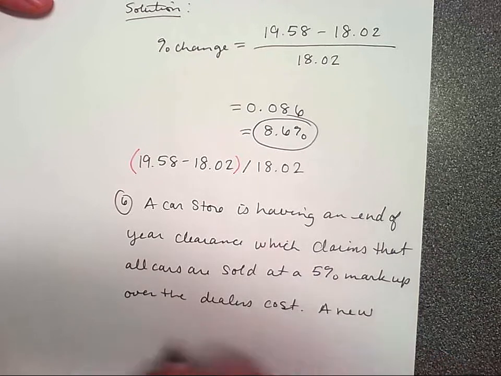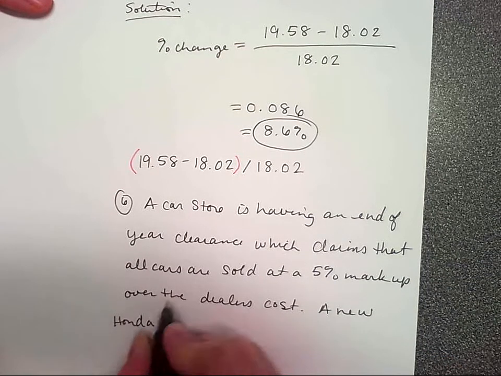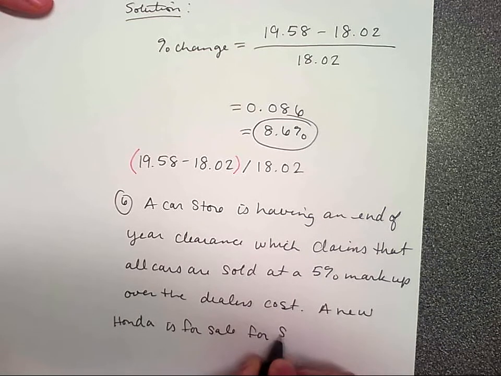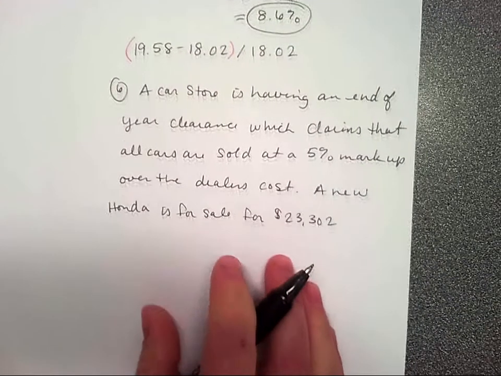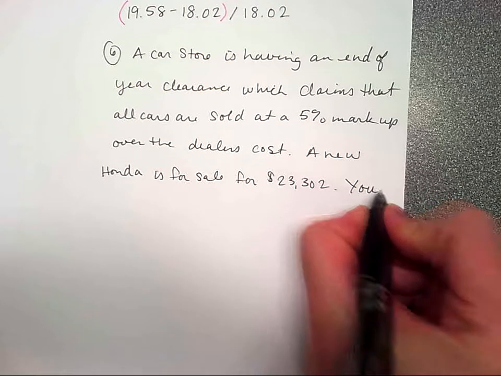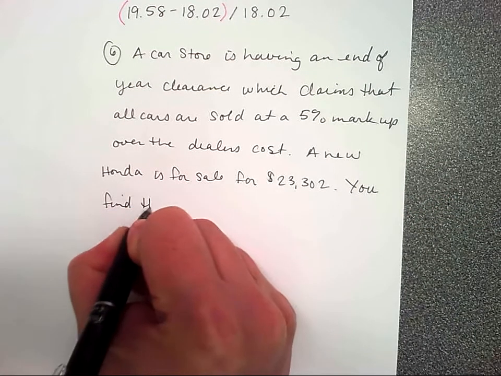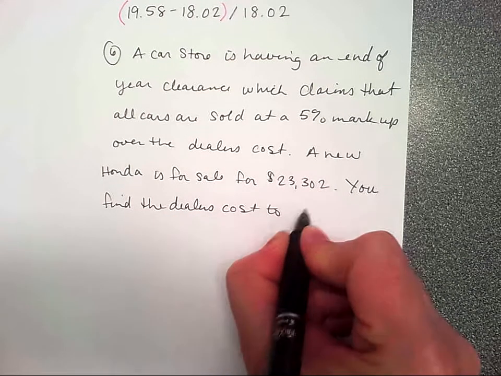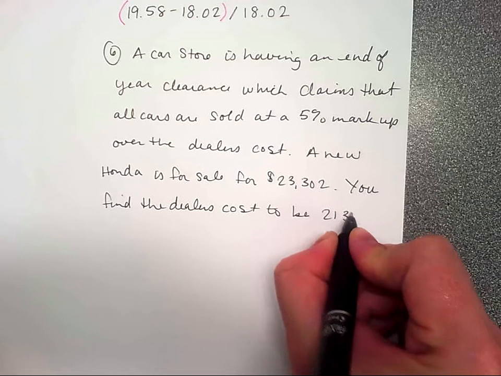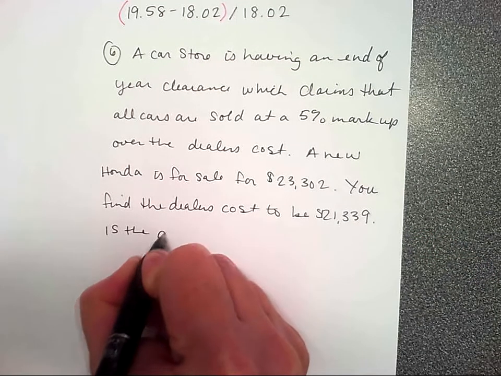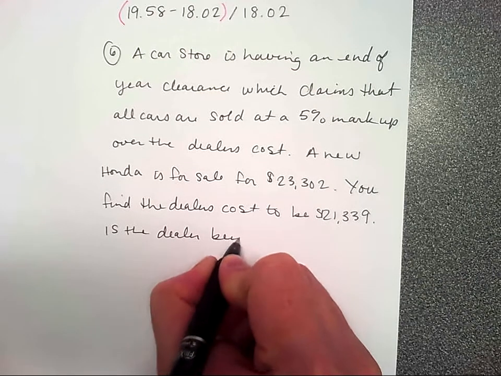A new Honda is for sale for $23,302. You find the dealer's cost to be $21,339. Is the dealer being honest?